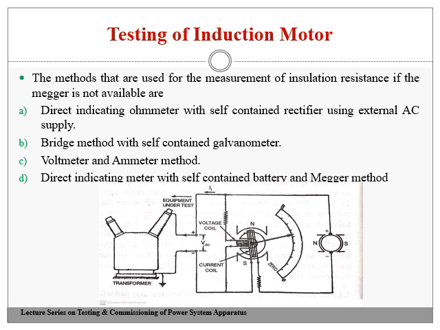You can see the current flows in this direction, and the current in the current coil becomes the maximum. Hence the deflecting torque produced on the indicating meter tries to push the needle towards the zero position, because a short means zero resistance.